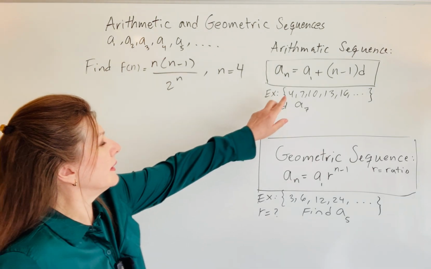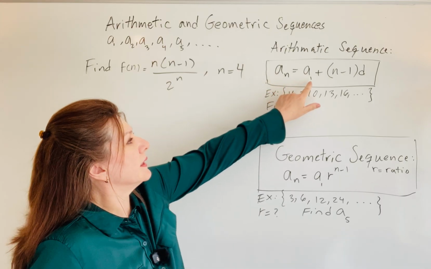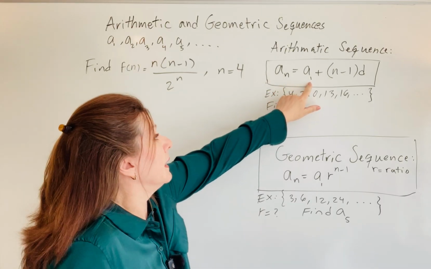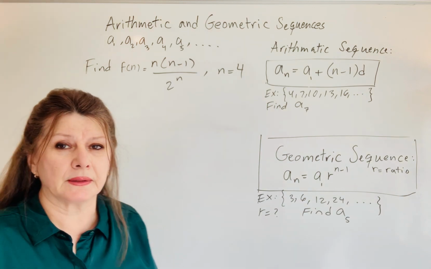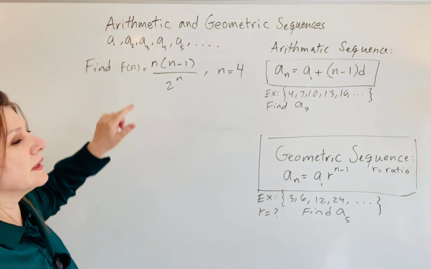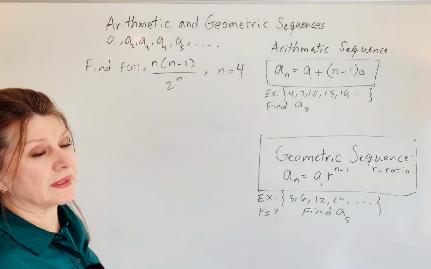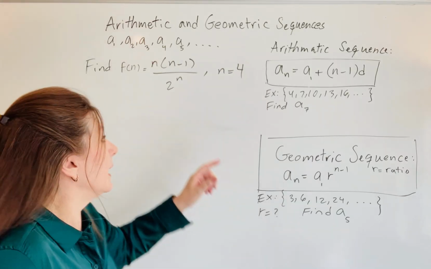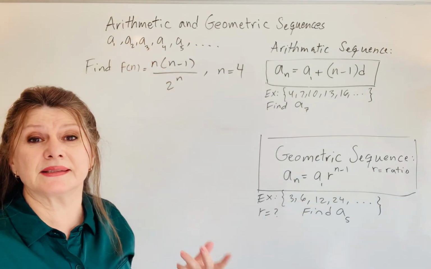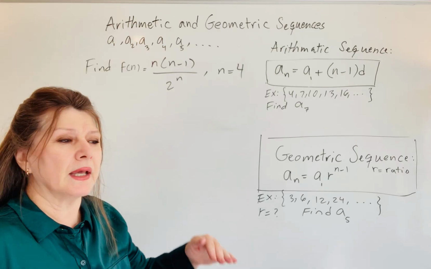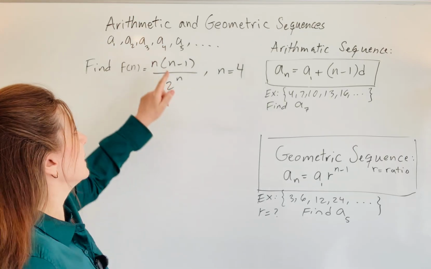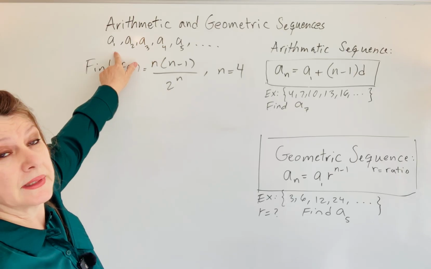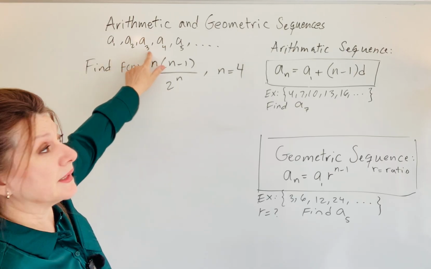If we know that any number is the first number plus a difference, it means that the first one and second one have a difference, and the second one and third one have the same difference. Every time you add a number or subtract a number to the first one and the next one to the second one and so on.